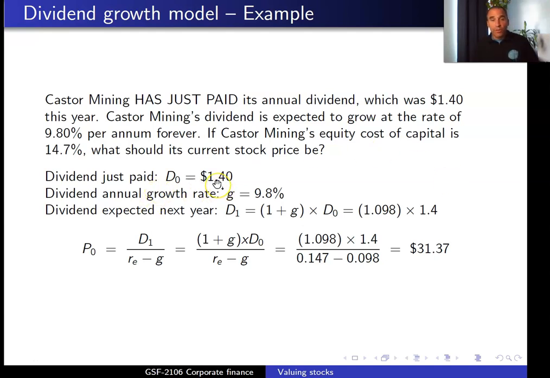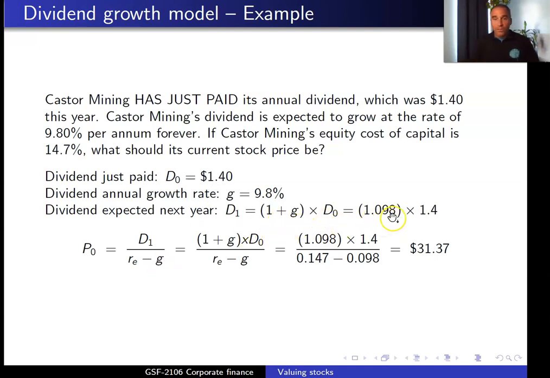So D0 was 1.4, but it's been paid already. So it's not in the current price. The current price does not include D0 because D0 will not be received by someone purchasing the stock today.